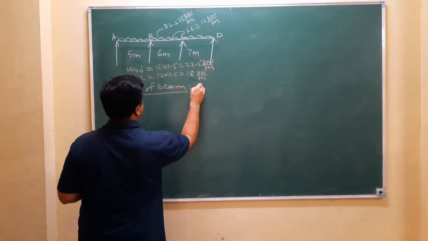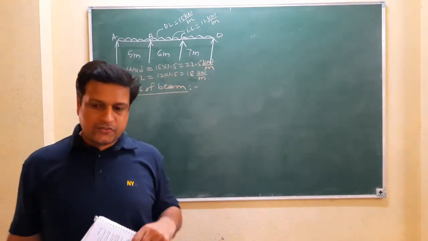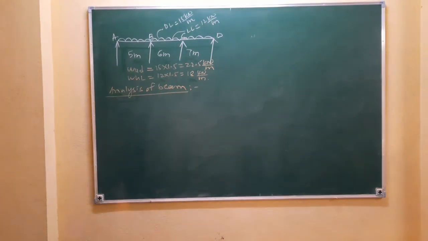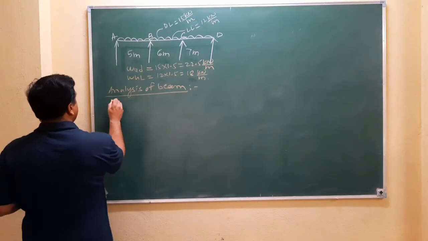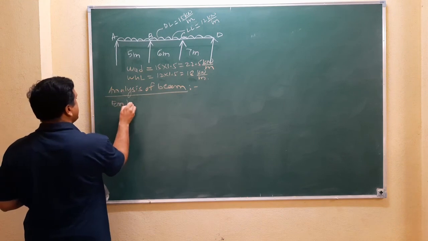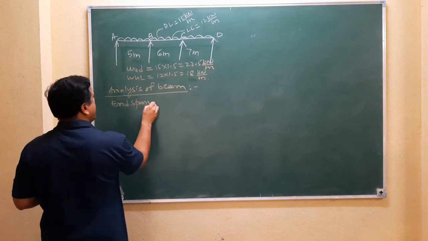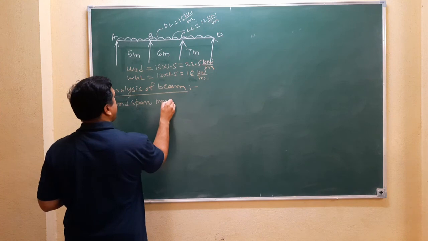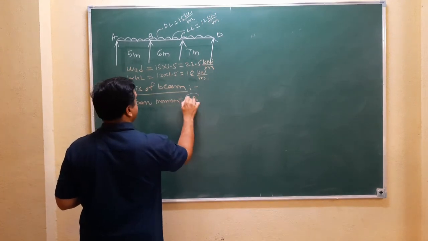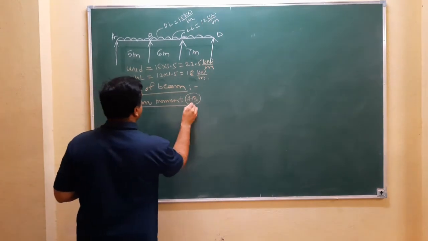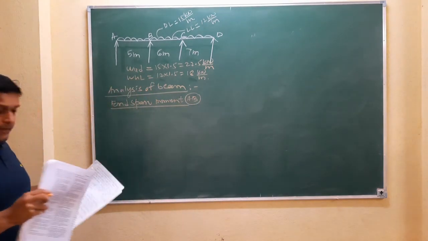In analysis of beam, you have to find out the 5 bending moments. So first is the end span moment AB.